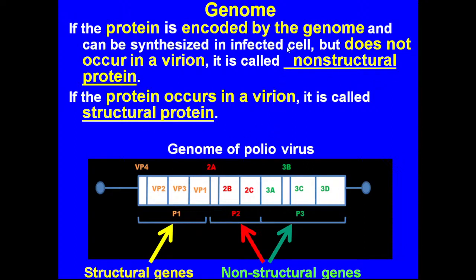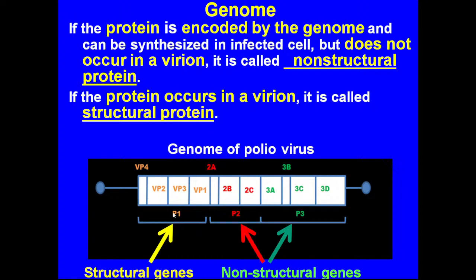What are non-structural genes? These are the genes that code for proteins that are not structural. What does it mean? That those proteins cannot be found in the virion. And also, there will be structural genes that code for structural proteins that make the virion.